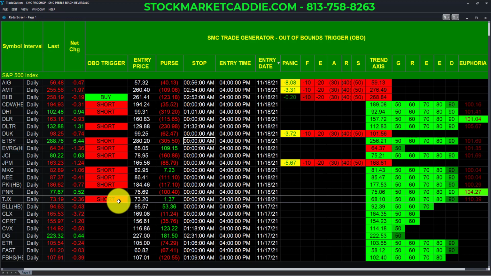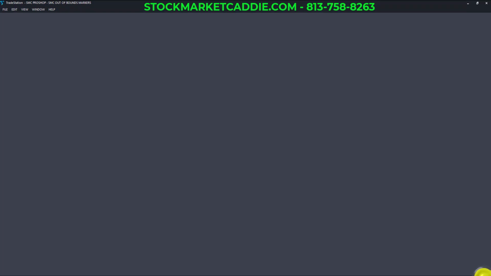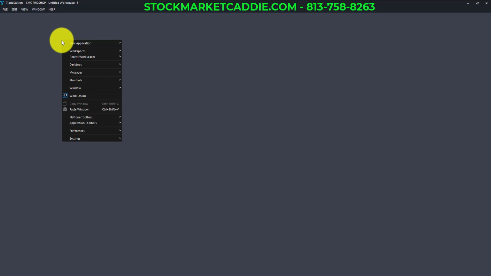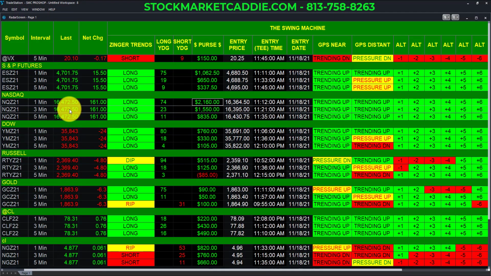So that could be interesting, maybe when we use swing machine. How so? All right, so let's do this. I'm going to combine the two, and for simplicity's sake, I'm going to just copy a window, and it happens to have my futures on here. Here is the intraday swing machine.